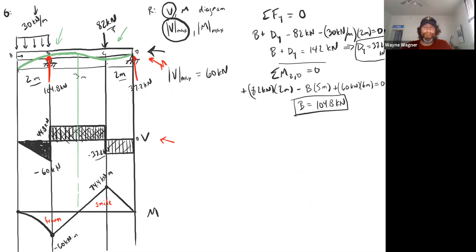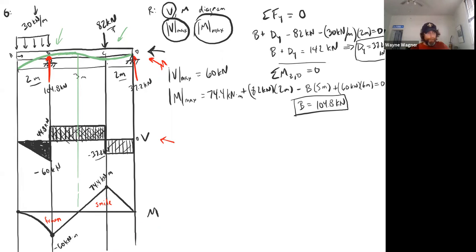All right, so now the cool part. Let's find the max moment. The max moment that we need to deal with looks like it's 74.4 kilonewtons times meters.